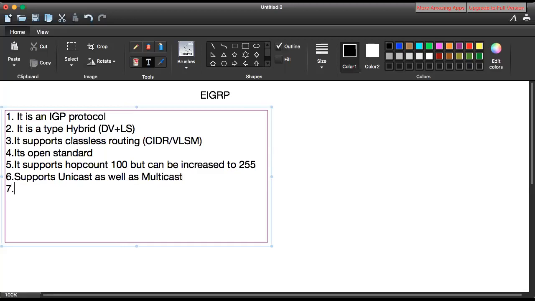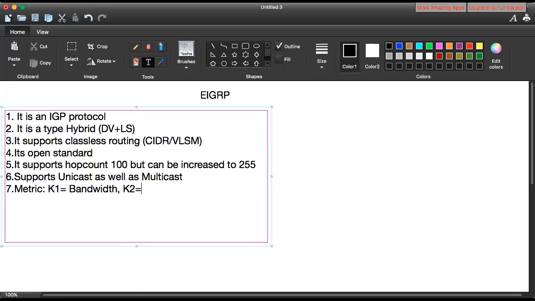How about the metric? What metric does EIGRP support? The metric has K1. K1 is called what? Bandwidth. K2 is load, and K3 is delay.